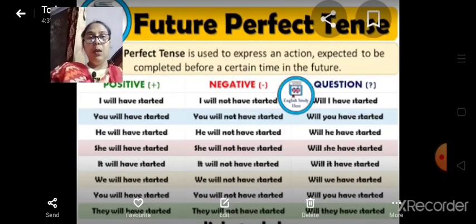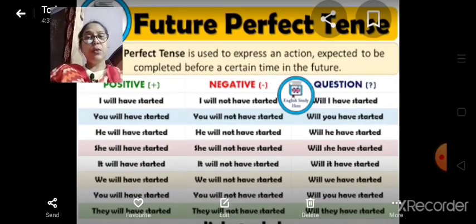Now, if we are going to make an interrogative sentence, will is placed at the first place of the sentence, then the subject, and then have, and then we write the third form of the verb, then the remaining words given in the sentence come later, and after that we put the question mark.